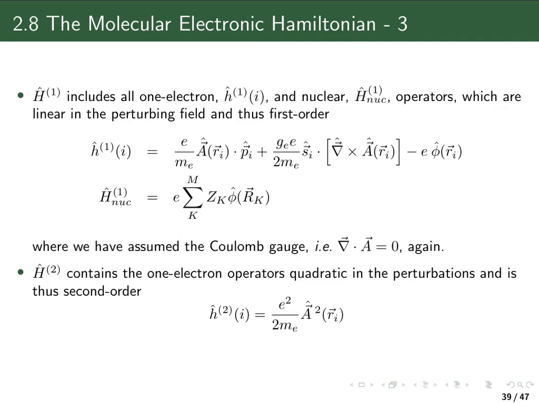And we have a corresponding term for the nuclei, which is again the nuclear charges times the scalar potential. And finally, in the second order term, we have only an electronic term, which is essentially the square of the vector potential. As I said before, because we neglect the kinetic energy of the nuclei, we don't get terms corresponding to this one and that one for the nuclei in our Hamiltonian.